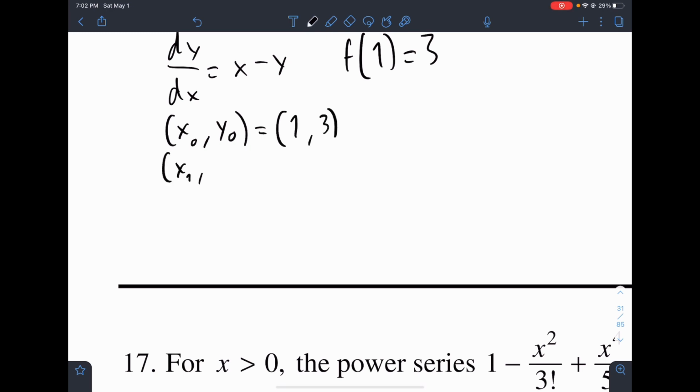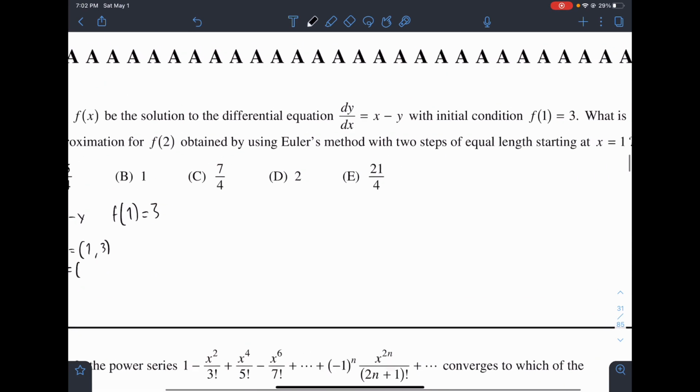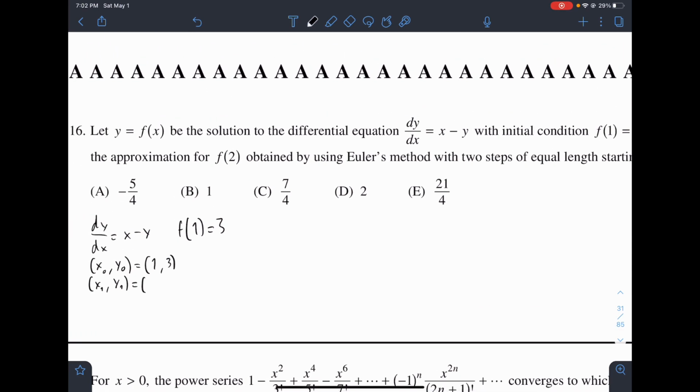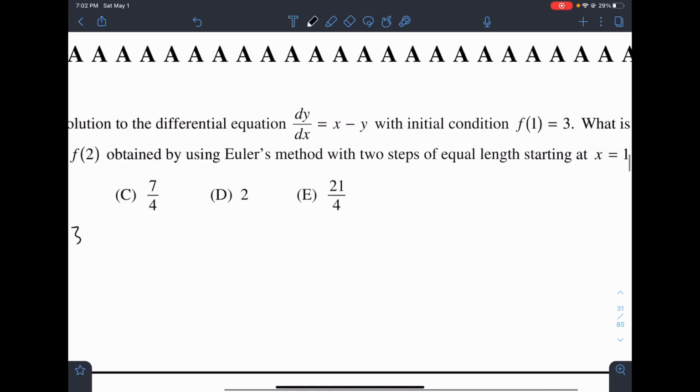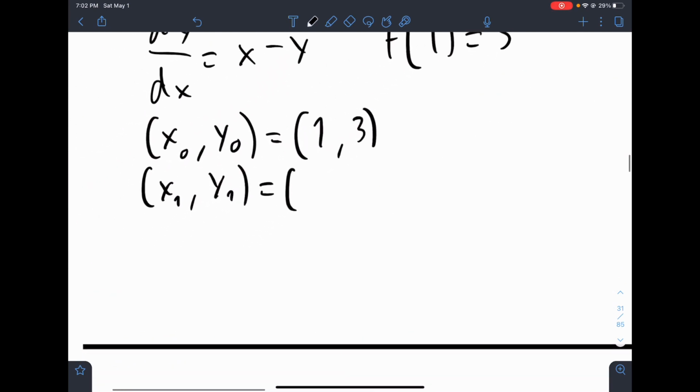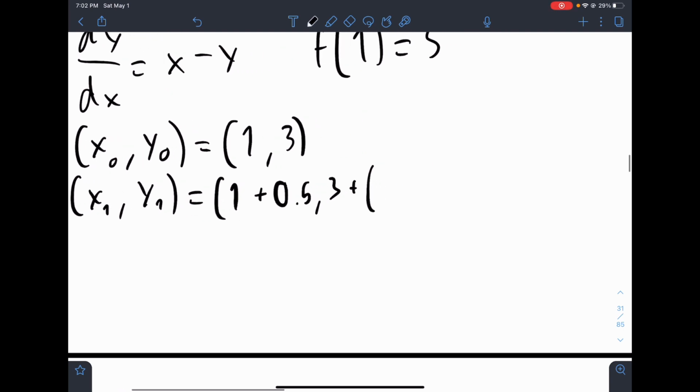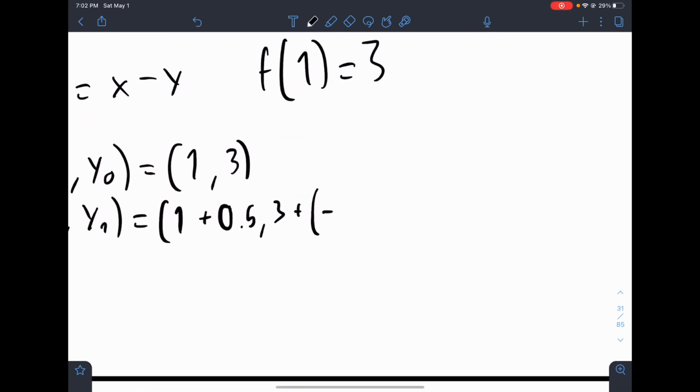So our x1 and y1 will equal, since we want to go from f of 1 to f of 2, we're going to use steps of 0.5 because we're using 2 steps of equal length. So our step length is going to be 0.5. So 1 plus 0.5, and then 3 plus, so x minus y, that's our dy/dx, is negative 2 times 0.5.